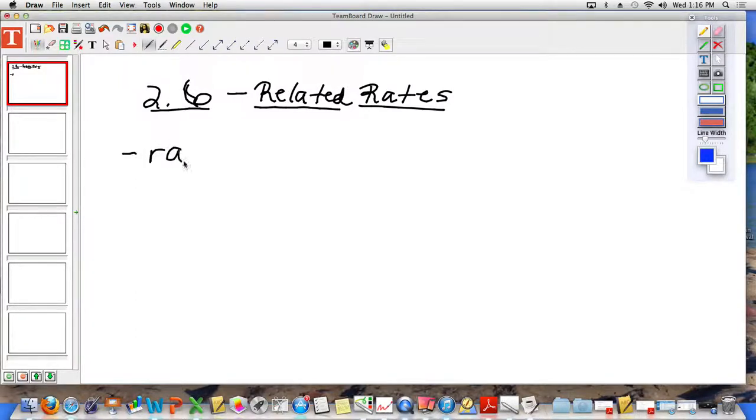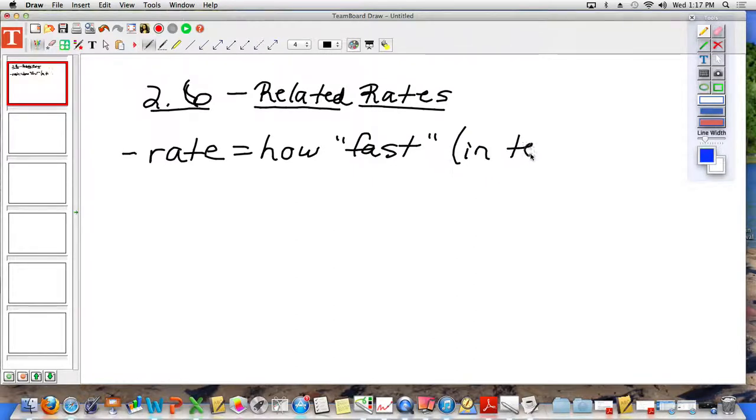So when you are finding the rate of something, the rate at which something is happening, you are figuring out how fast it's happening. I hope you would agree with that. So you are trying to figure out how fast something is happening in terms of time.